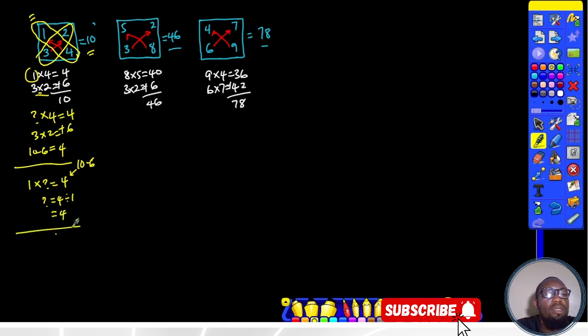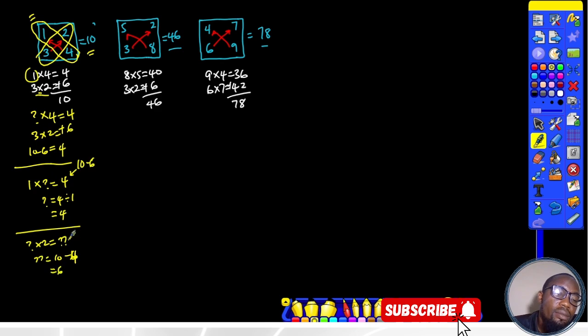The next one is, what if 3 is missing? It's the same step we're going to do. If 3 is missing, the missing number times 2 should give me what? I don't know this, but I can know this by saying 10 minus 4, and you get what? 6.